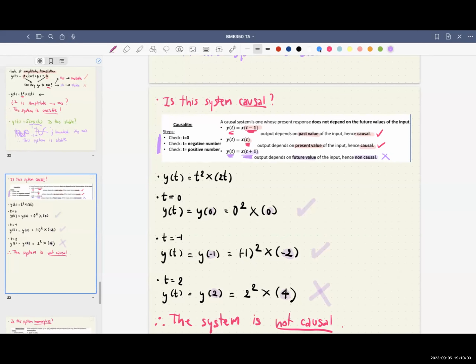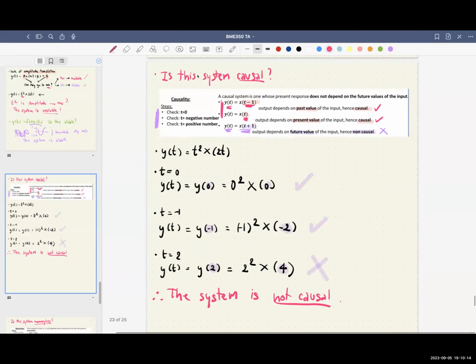We can only expect a causal system to depend on past and present values. The way we can check the causality of the system is to check when t equals 0, when t is a negative number, and when t is a positive number.